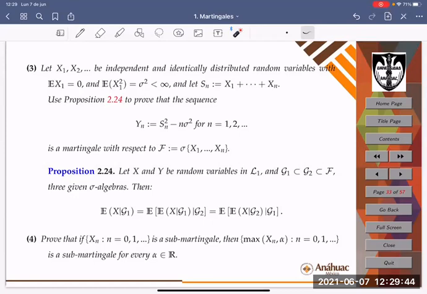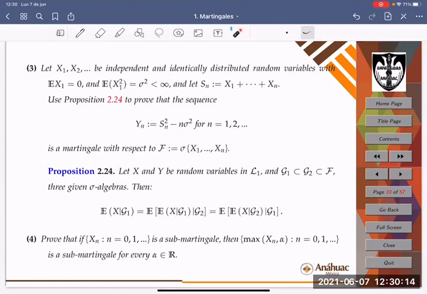Afterwards, we define this sum, which we readily know from our course in risk theory, right? Now, what we have is this definition, this process, which is just this square process minus this other number.